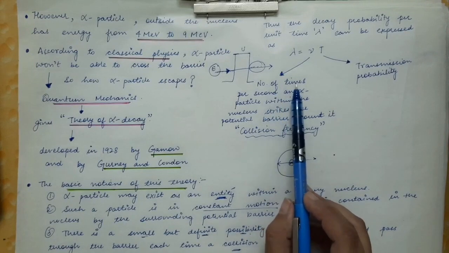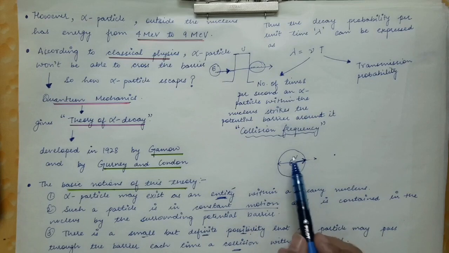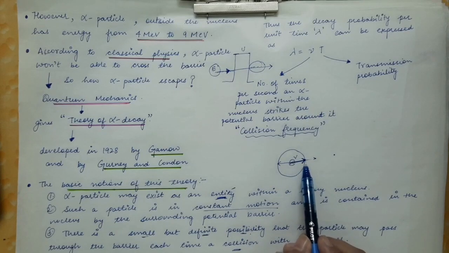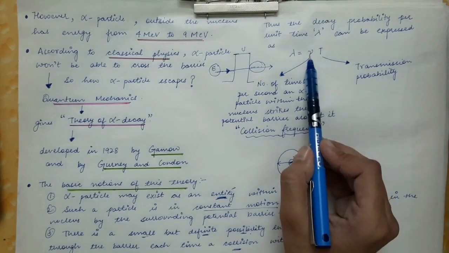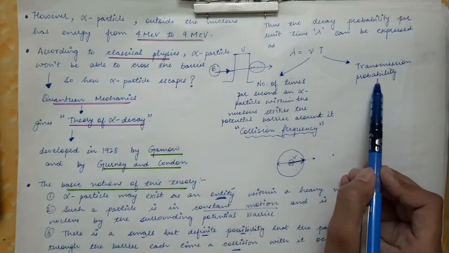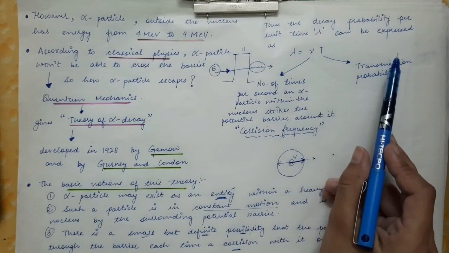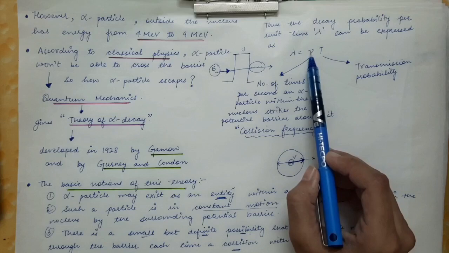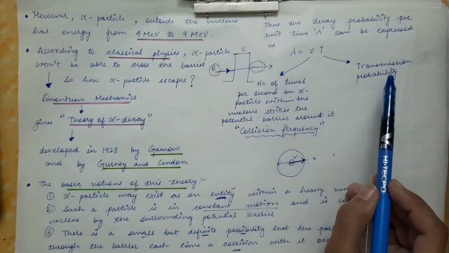So in 1 second, how many times does the alpha particle hit the potential barrier at the surface? That multiplied by the transmission probability gives the probability of the alpha particle to escape the nucleus. So nu is the collision frequency, and capital T is the transmission probability.